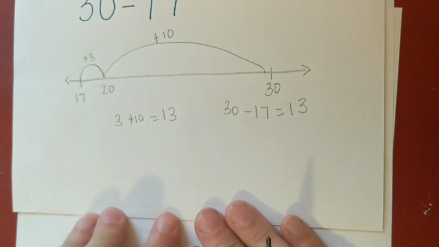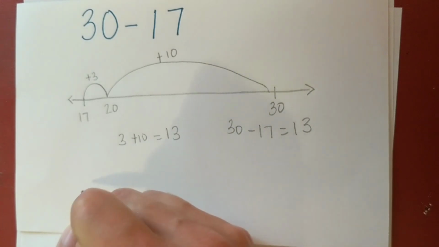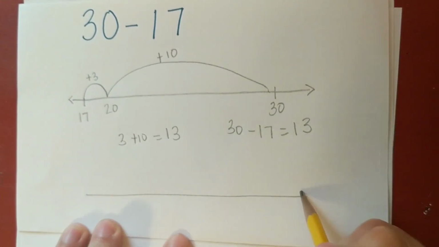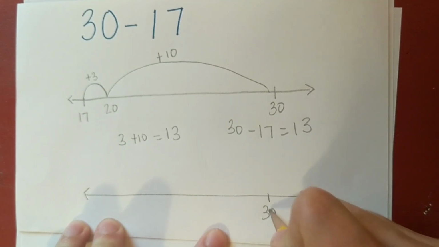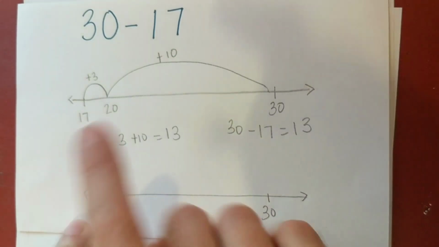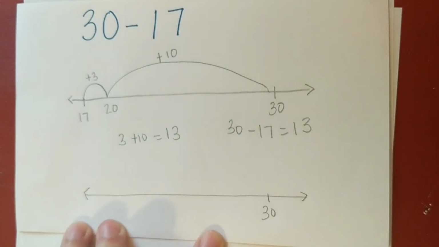Let's try this again, and let's prove to ourselves that 30 minus 17 is really 13. I'm going to draw a number line again. 30, and I'm going to take away 17 this time. I'm just going to try it this way, to prove to myself that this really does work.